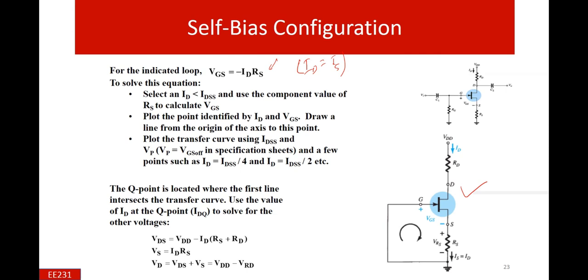Similarly, the point of intersection between the VGS and ID is the Q point, which is also the operating point, and the extreme points are the ID maximum current and the VP, which is the pinch-off voltage when VGS is 0. And again, in this case, if RS is fixed, then VP is fixed.